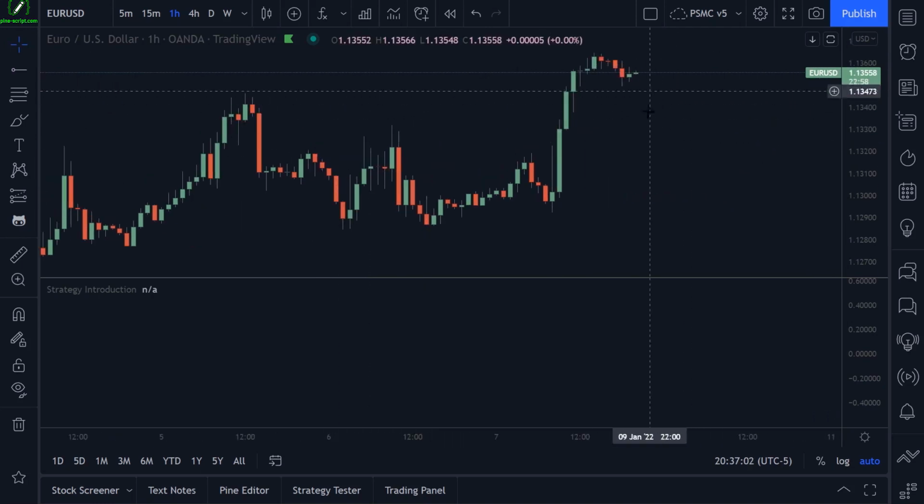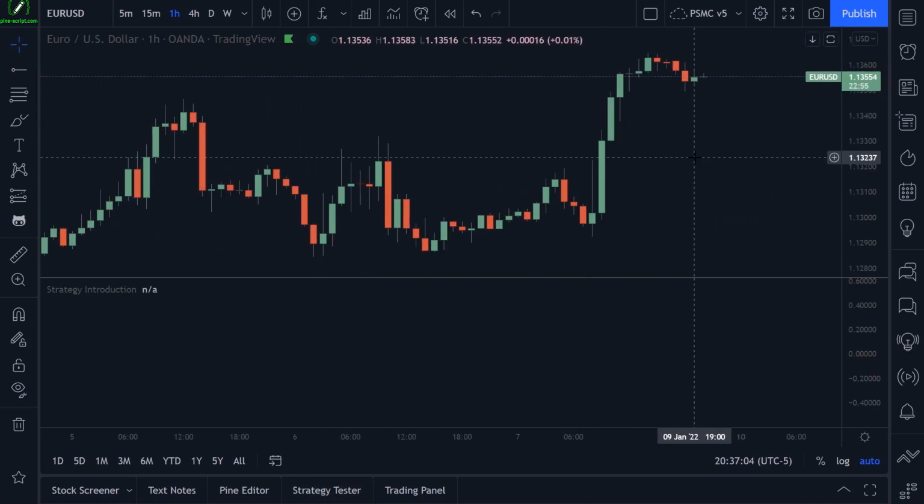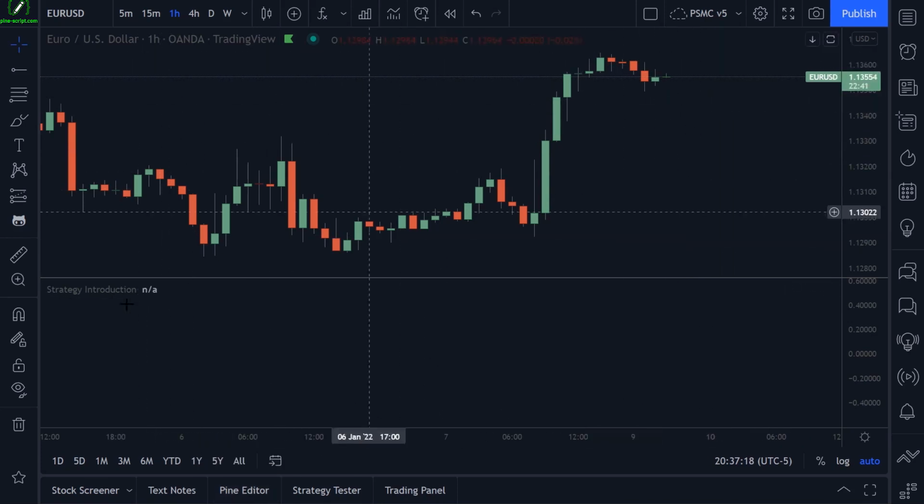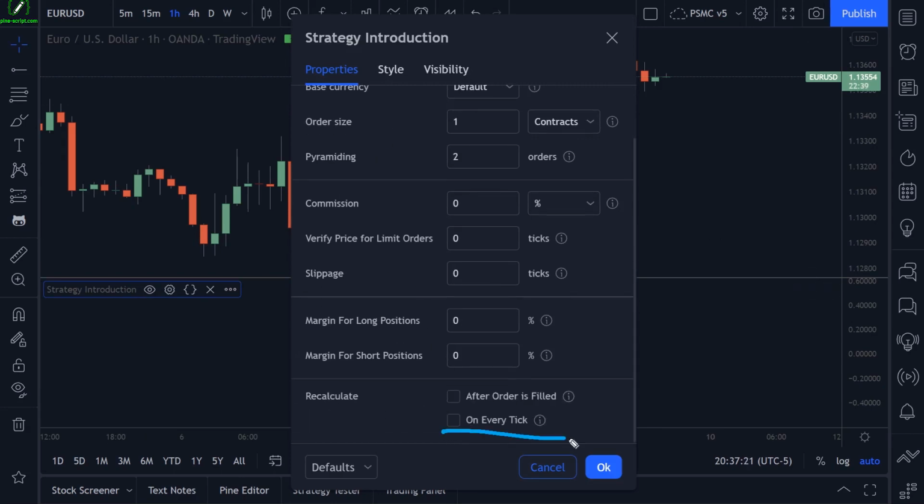But on a real-time bar, the emulator system behaves exactly the same. It doesn't actually execute your orders until the bar closes. The script doesn't actually run on every tick unless you tell it to. And so this only applies to real-time bars, recalculate on every tick.